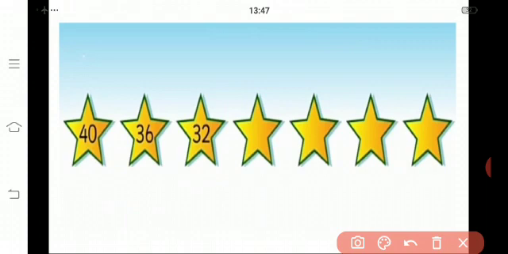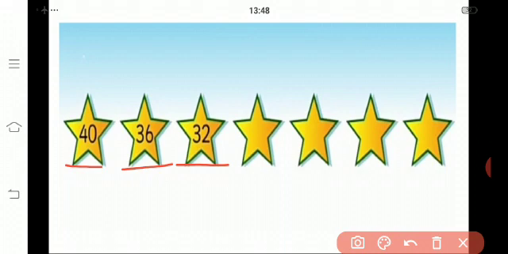Look at the pattern carefully. What can you observe? 40, 36, 32. We are going to find the next 4 numbers only. If we compare these 2 numbers, 40 and 36, which is greater? 40 is greater than 36.